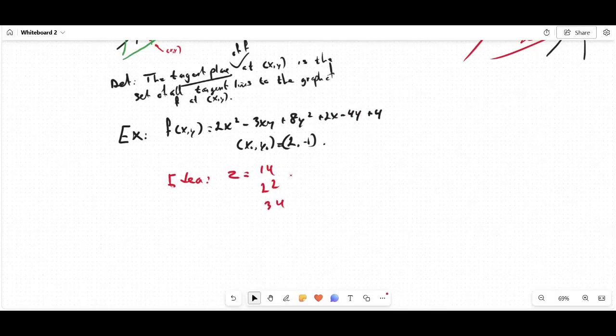Let's see, we got that right there. Let me double check: 2 times 2 is 4, plus 4 and 4, that's definitely 12, plus 8 is 20, 26, plus 2 times 2 times 2 is 8, that's 30. Yeah, I believe it. Okay, 34. So let's go ahead and put that in.